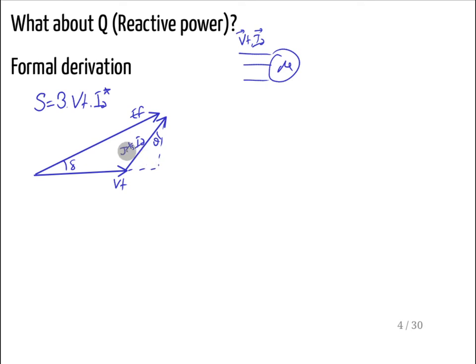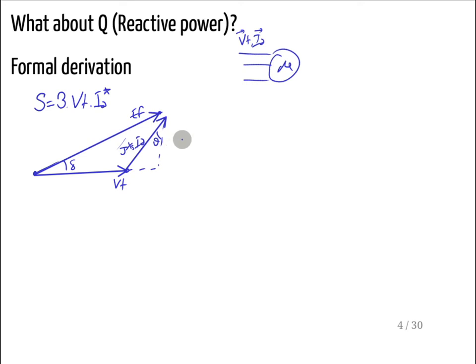So if EF is fixed and Vt is fixed, I can define the Ia vector as the difference between two voltage vectors divided by jXs.